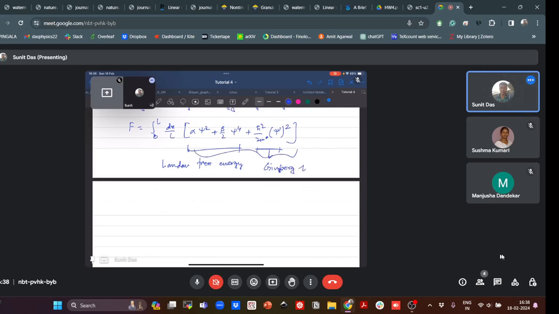So in the total Ginzburg-Landau free energy, we allow that the wave function may not be precisely constant throughout the system, but it can vary with x or any other spatial variation, right?